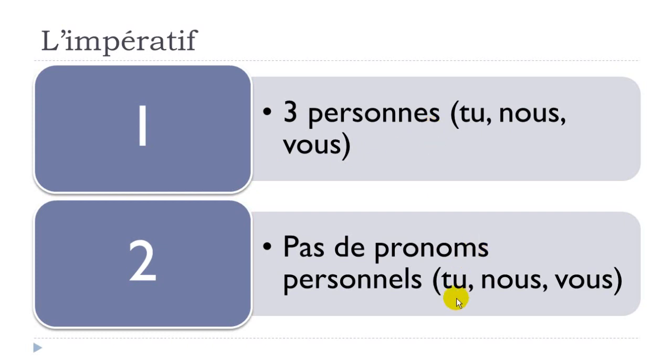So far, with all the tenses that we saw, you use these pronoms personnels, so tu, nous, and vous. The concept with the imperative is that you won't use tu, nous or vous, so you don't use this pronom personnel. So these two things are the main thing: first, only three persons, tu, nous, and vous, and second, you don't use the pronom personnel.